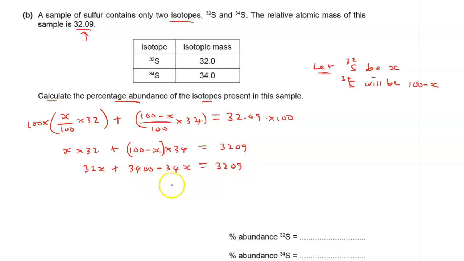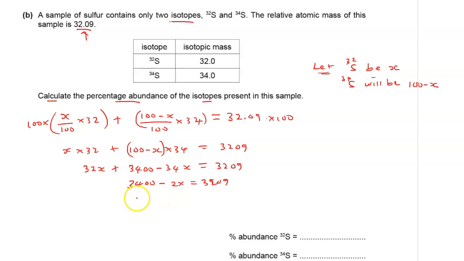Okay, so this will give us 3400 minus 2x is equal to 3209.